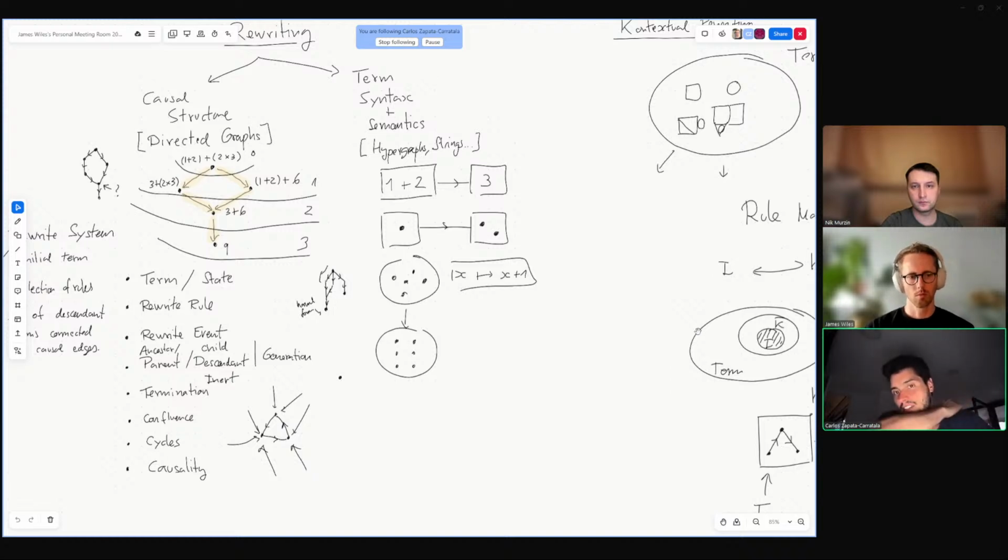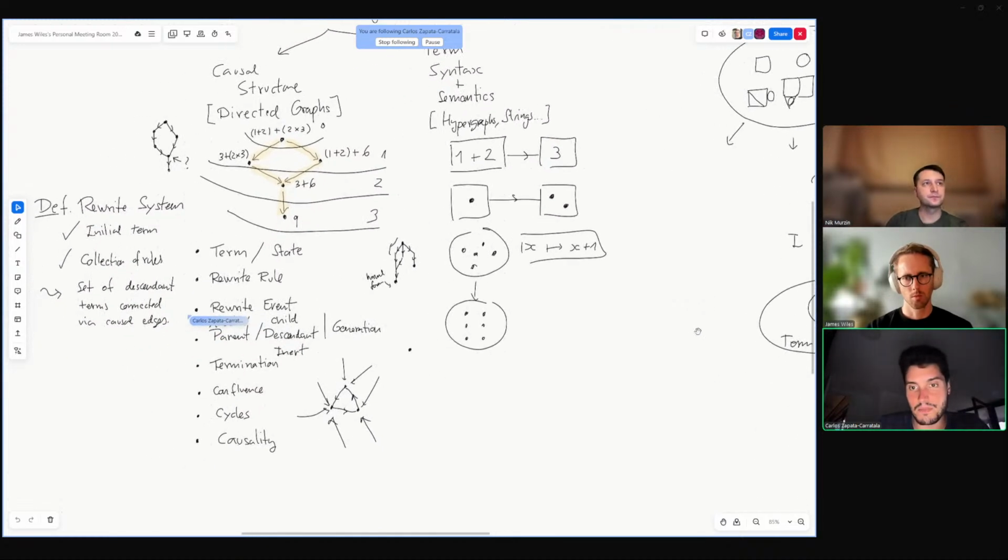So you can state these things about your rewrite systems based on just term syntax arguments. But you can also have all this analysis without it.